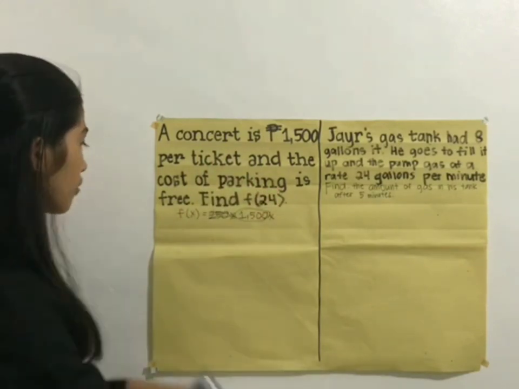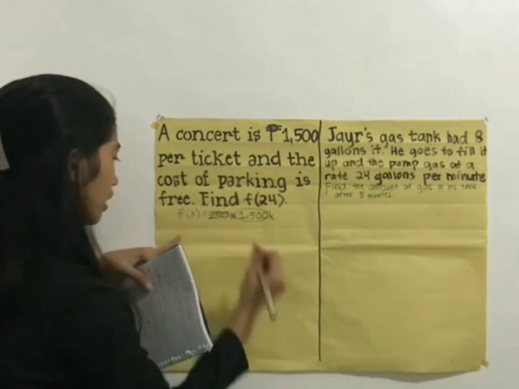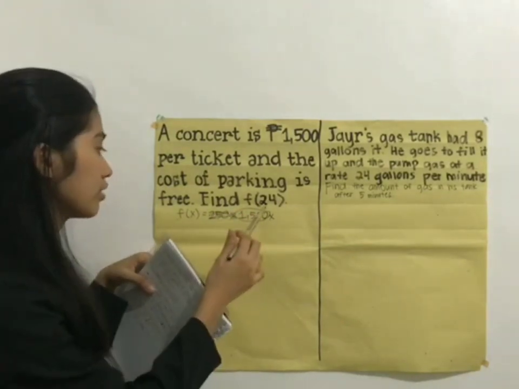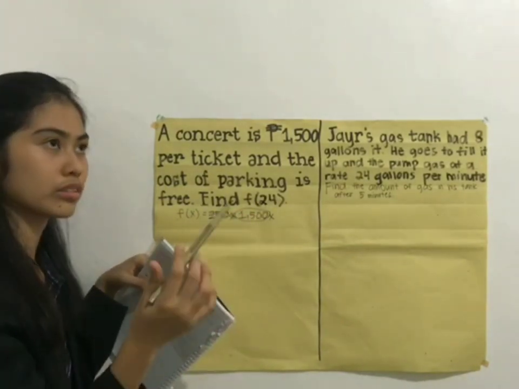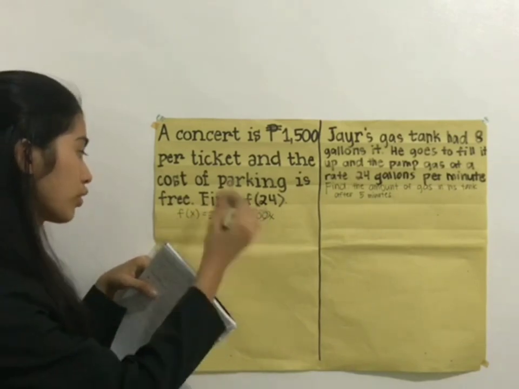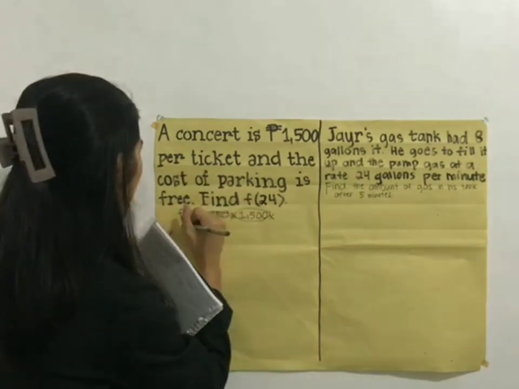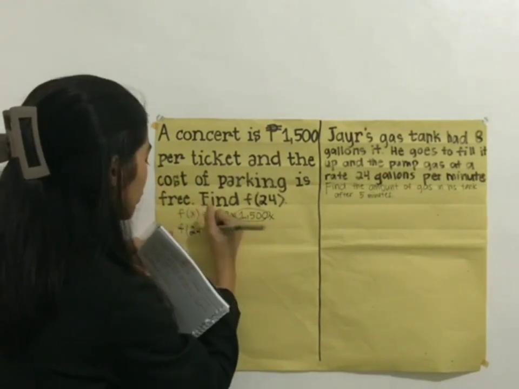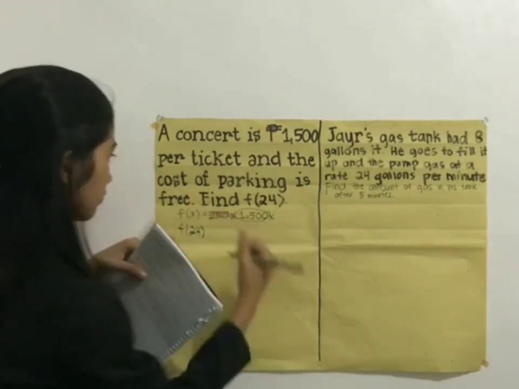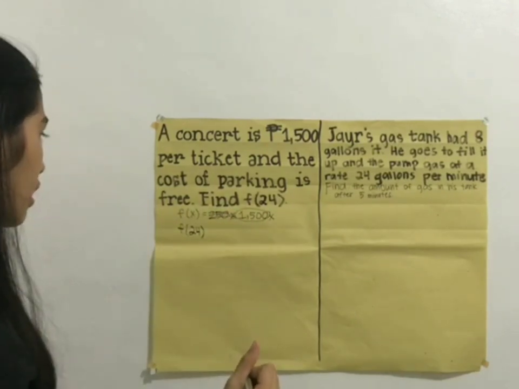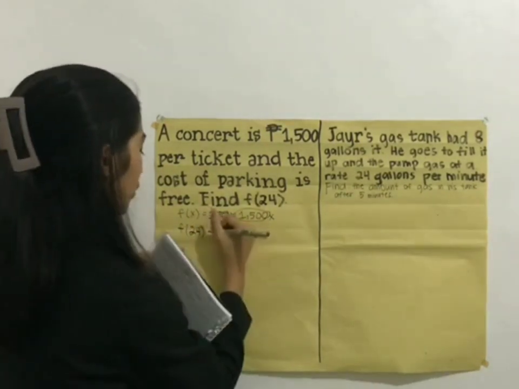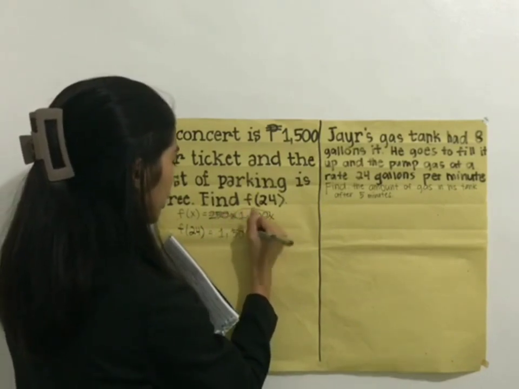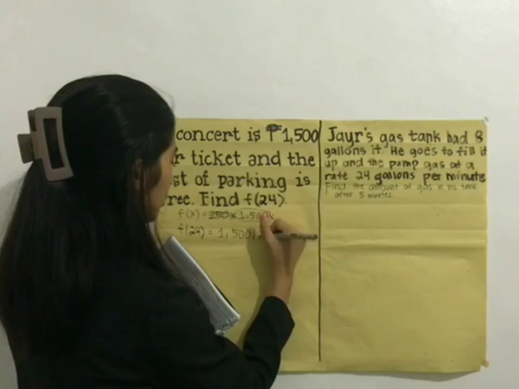So we're going to do this. All we have to do, since the question is finding F(24), is substitute the 24 to the x. So F(24) equals 1,500 times (24).